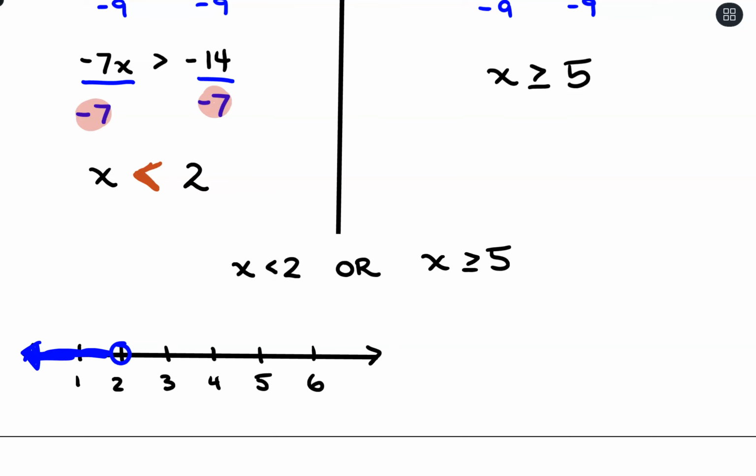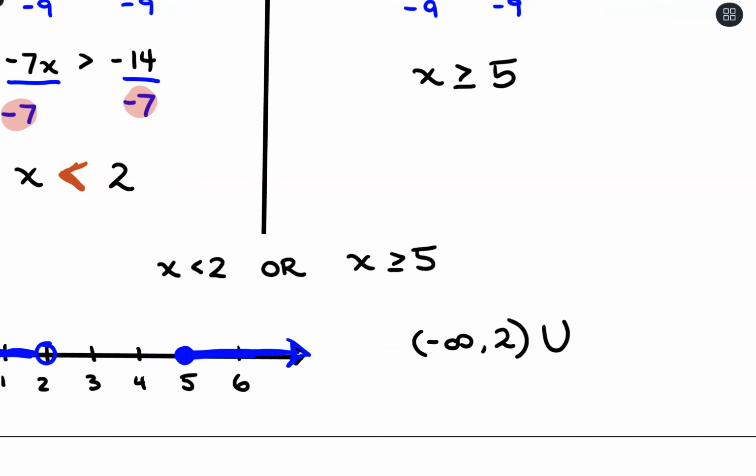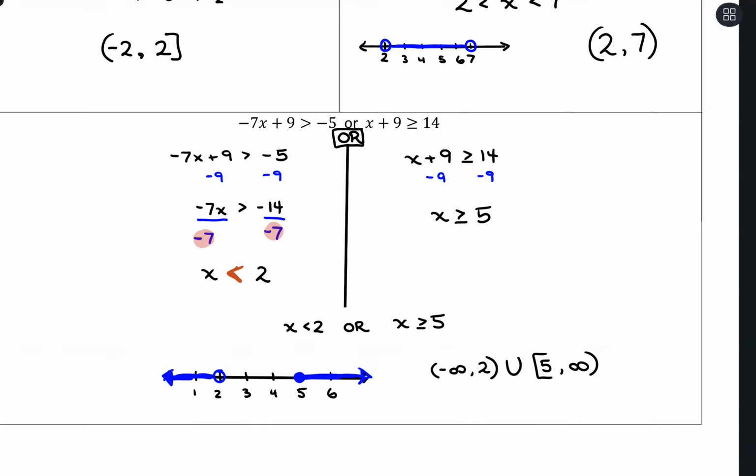Or x is more than or equal to 5, so we'll have a solid circle at 5 and then everything above. So our two intervals, we're going to go from negative infinity to positive 2 with parentheses, union with 5 with a square bracket going off to positive infinity.